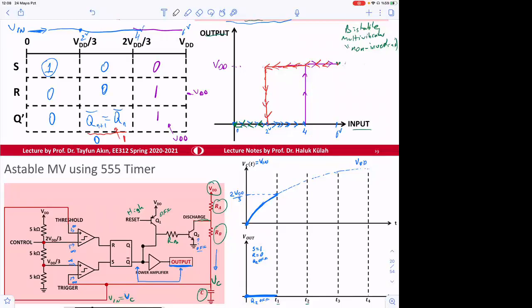And what is the time constant here, tau? Any idea? RA plus RB times C. Yes. So let's call this thing tau 1 because it will maybe be changing later on. So tau 1 is equal to C times (RA plus RB).